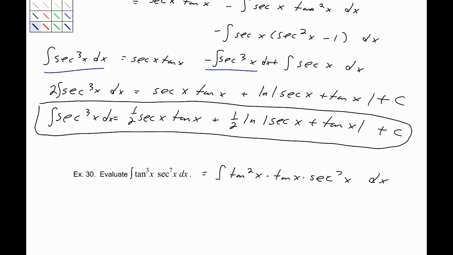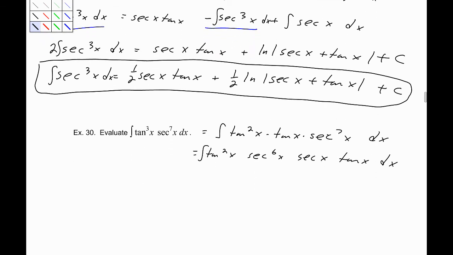Okay, so let's go ahead and actually we're going to pull off a secant. We're going to pull a secant off of that as well. So this will be tangent squared x, secant to the 6th x, and a secant x tangent x.